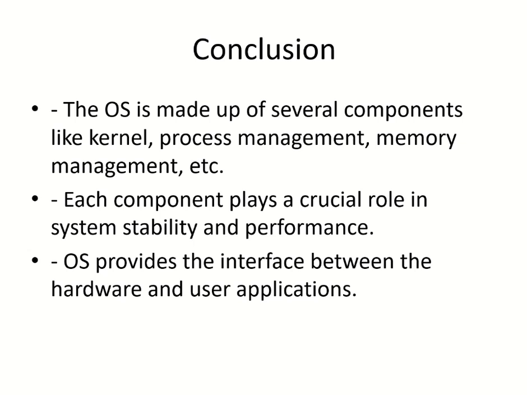And how it works: an OS enables a user to run programs without having to worry about memory allocation or CPU scheduling. For security, an OS uses techniques like passwords to prevent unauthorized access to programs and data. Each component plays a crucial role in system stability and performance.